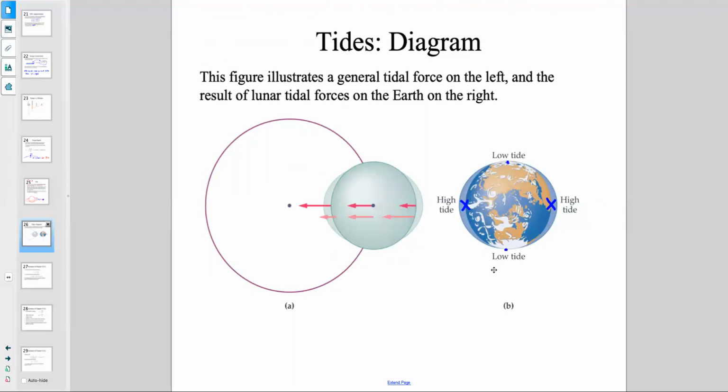Because the moon will apply more gravity to here because it's closer, and the moon will apply more gravity to here because it's closer, okay? But compared to here and here, the distance does not change at all.